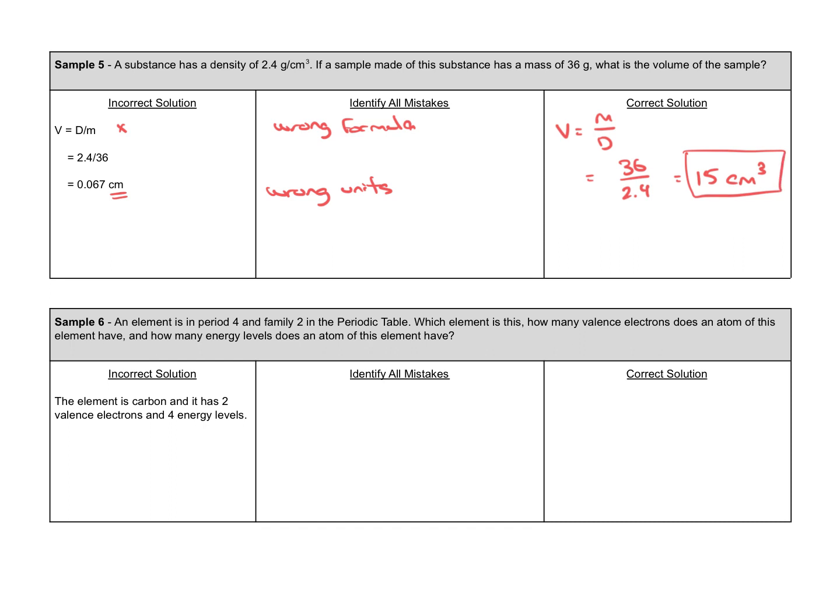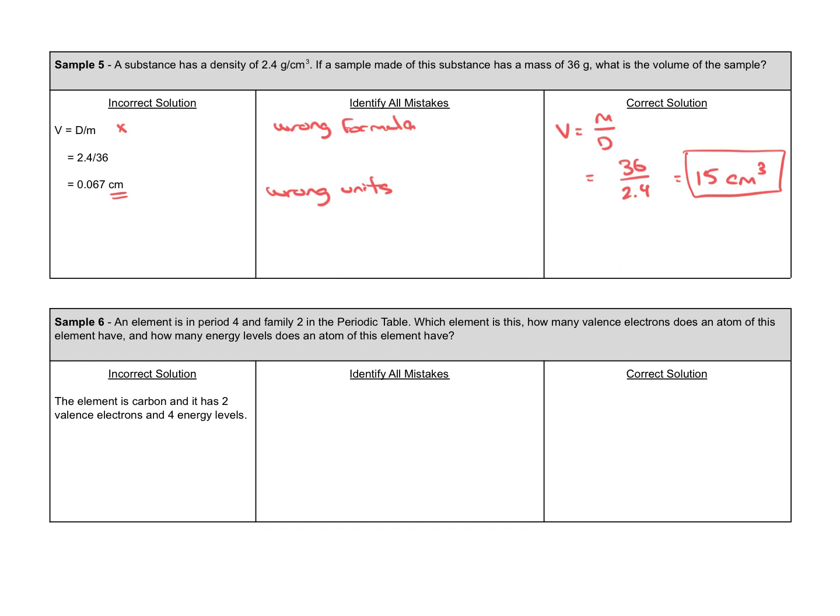Okay, and the last one. An element is in period 4 in family 2 in the periodic table. Which element is this? How many valence electrons does an atom of this element have? And how many energy levels does an atom of this element have? Okay, so this deals with periodic table language, one of our last lessons that we did, lesson number 11.